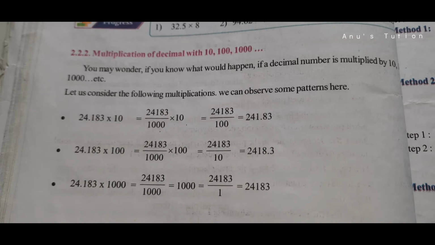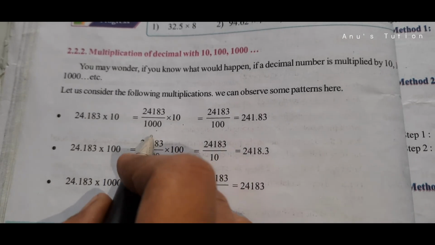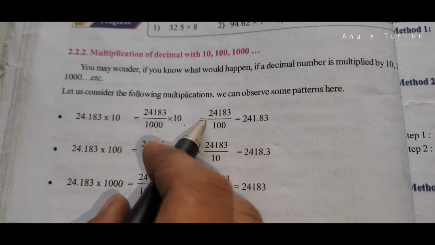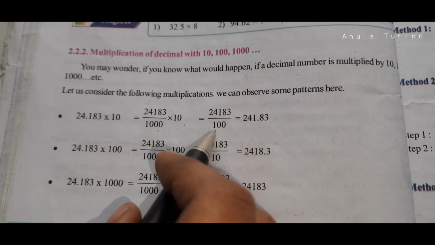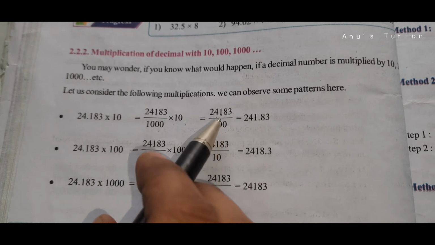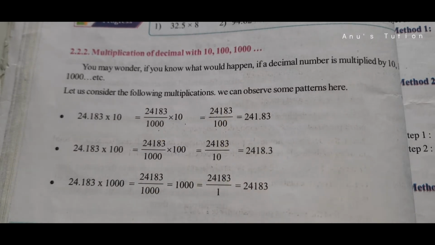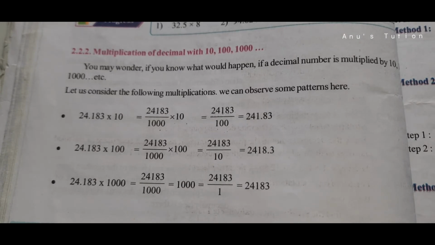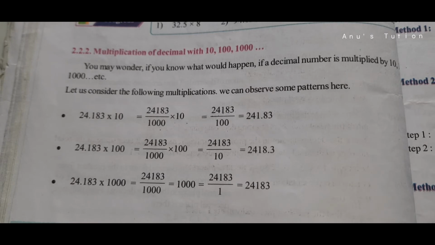Next, cancellation will be there, 1 zero will go, 1 zero, then 100 will be there. Then we will get 24183 by 100. Next, 2 zeros will be there. Same as the next one also, 24.183 into 100.